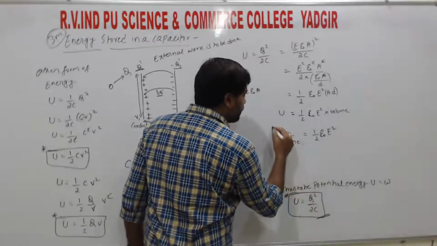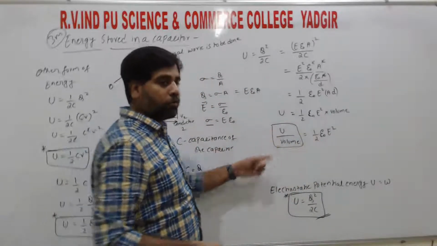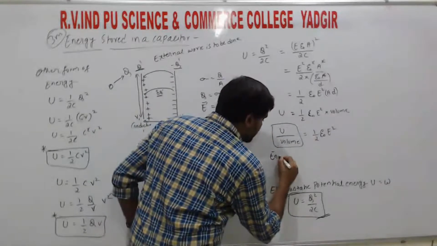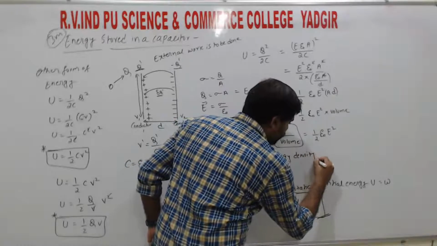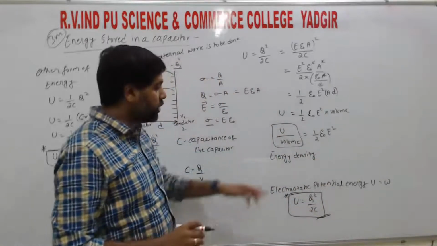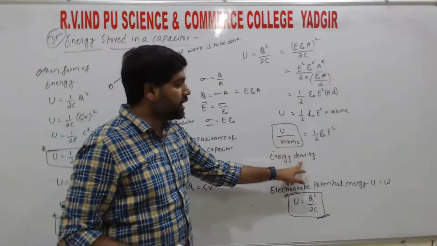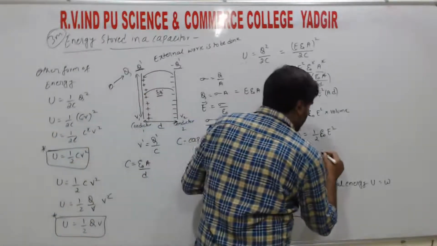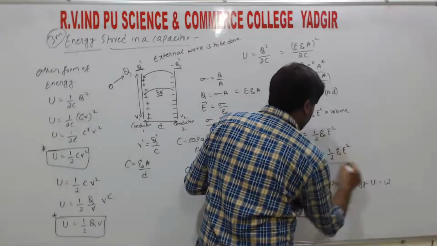So we call this ratio U by V, energy per volume. So that one we call as energy density. So we know density is mass by volume. So here we have the energy per volume, we call that as energy density. So energy density is equal to 1 by 2 epsilon naught E square.